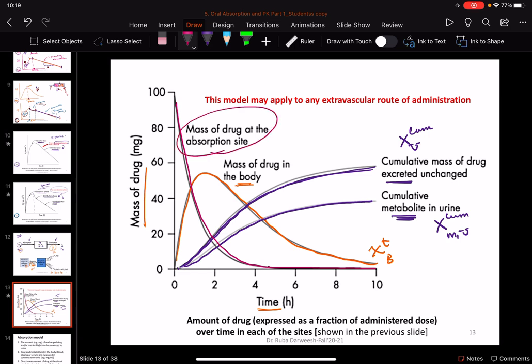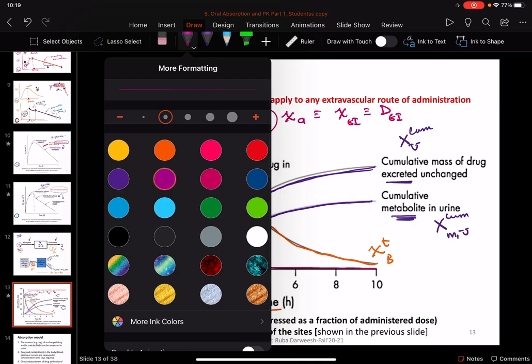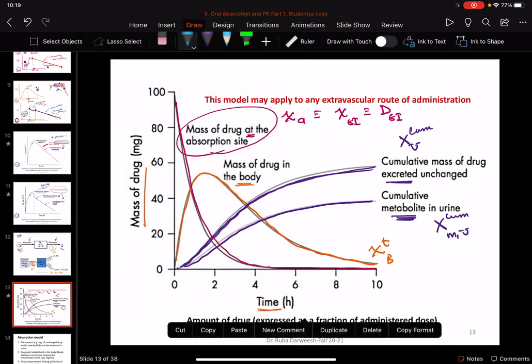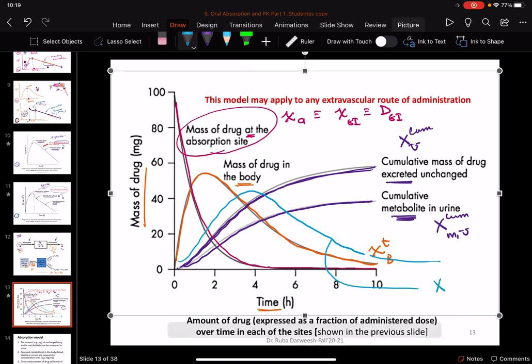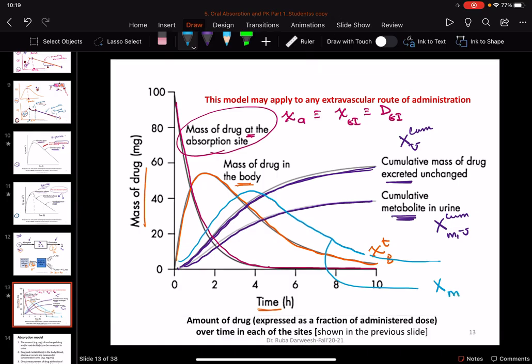This profile is the amount of the drug available to be absorbed or at the absorption site, which is XGI, which is the same as DGI. And we still have one thing that is not shown here, which is the amount of the metabolite that is in the body at certain time.